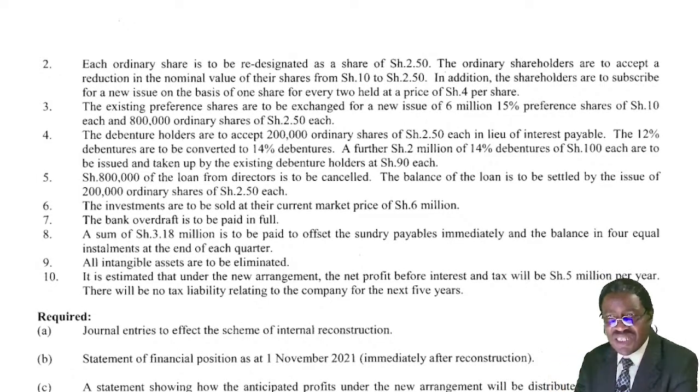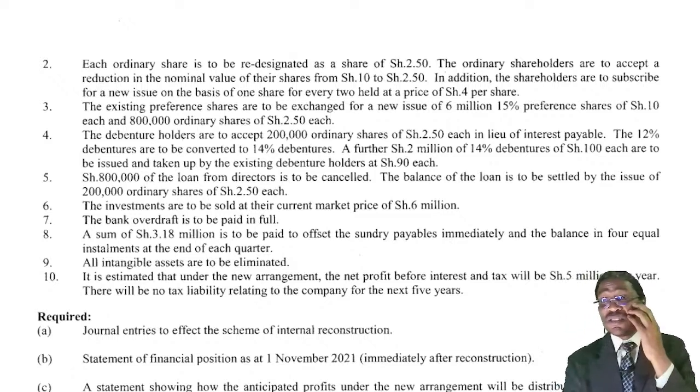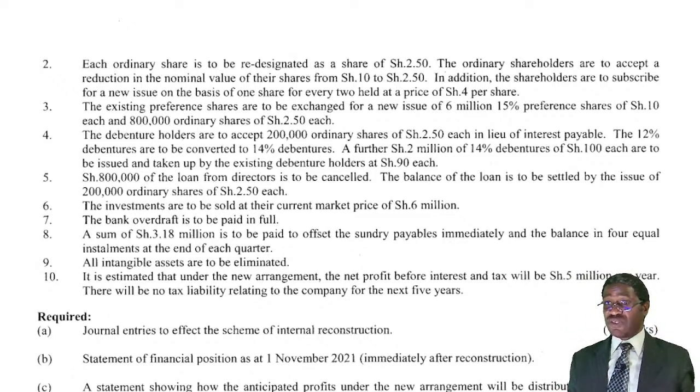The balance of the loan is to be settled by issue of 200,000 shares of 2.5, meaning 200,000 times 2.5, that's about 500,000. Yes, we are issuing ordinary shares.